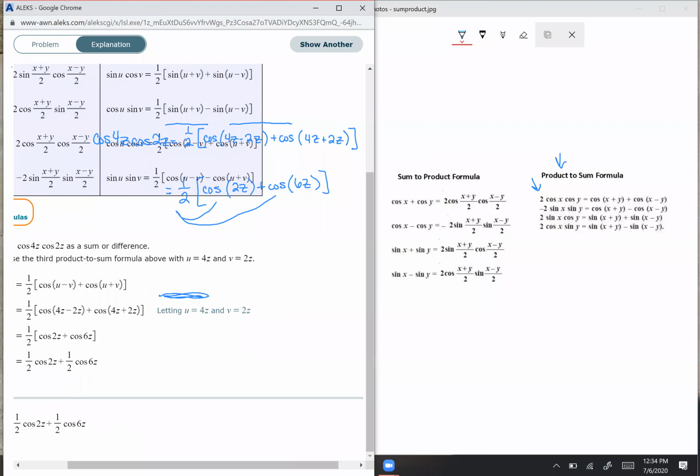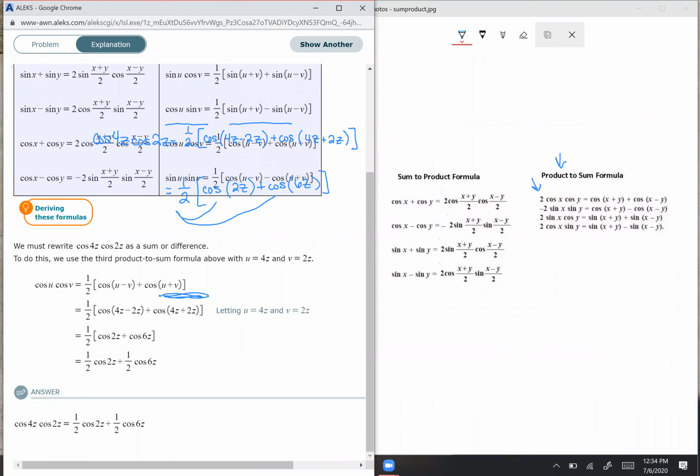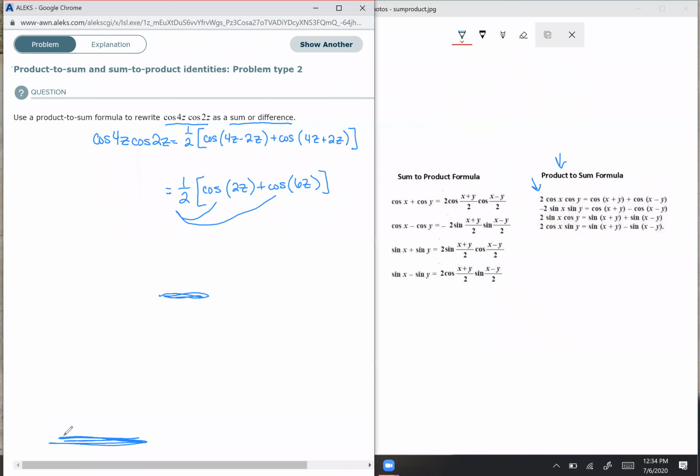So let's do that for our example. They have 1/2 cosine 2z plus 1/2 cosine 6z. They got rid of brackets, so we'll keep our answers like that, guys.